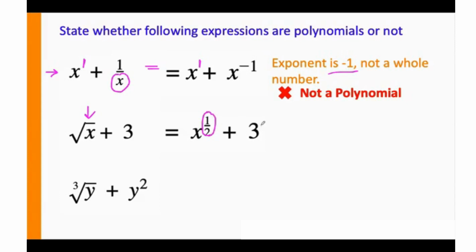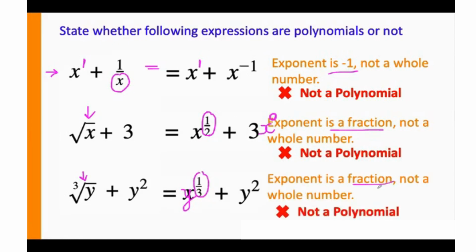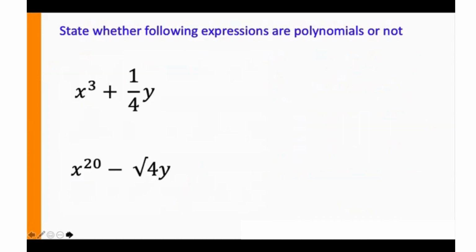And though here 3 has a power of 0, because one of the terms has a fraction as exponent, this term is also not a polynomial. Here y has a cube root, and if you remove the cube root, it would be y raised to 1 upon 3, and again as the exponent is a fraction, this is not a polynomial.